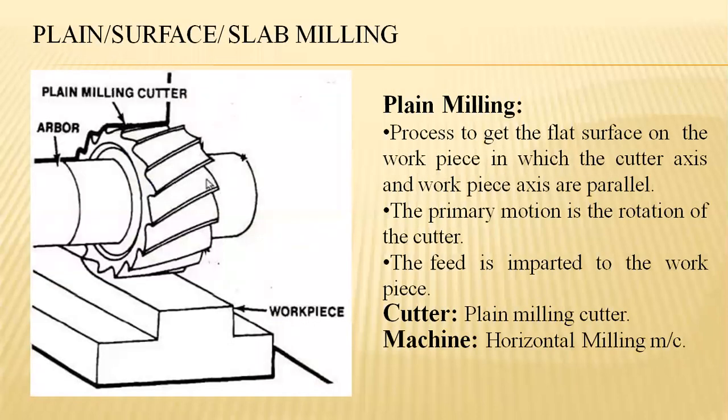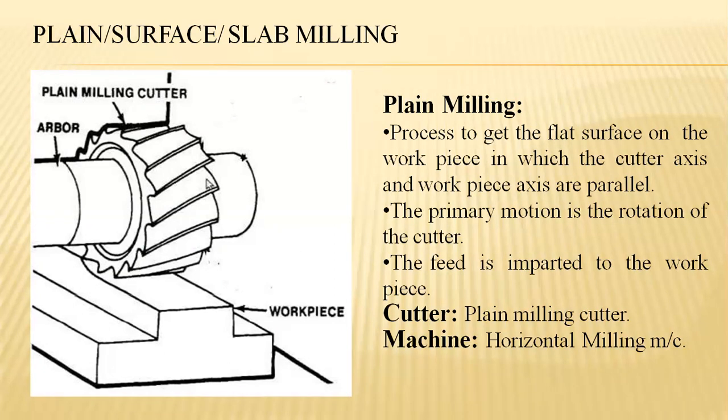Let's have a detailed look at the processes one by one. Plane or surface or slab milling process. In the case of this plane milling process, as shown in the diagram, it's used for getting a flat surface on the workpiece, where the workpiece is parallel with respect to the cutter axis.